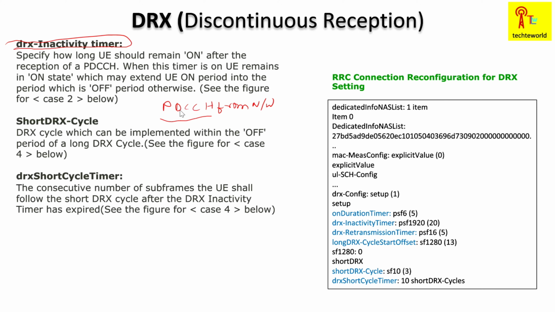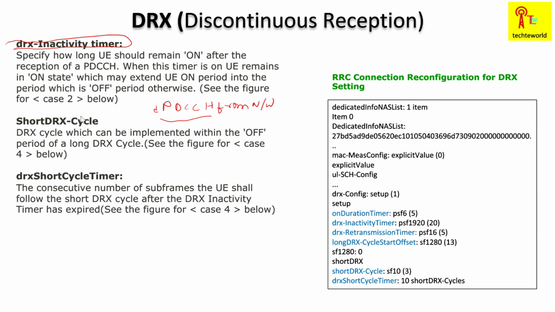Once the UE stops receiving data, the DRX inactivity timer can go off. The DRX inactivity timer will be assigned some value, let's say 2 millisecond or 4 millisecond. After that timer value, the DRX inactivity timer will be off.